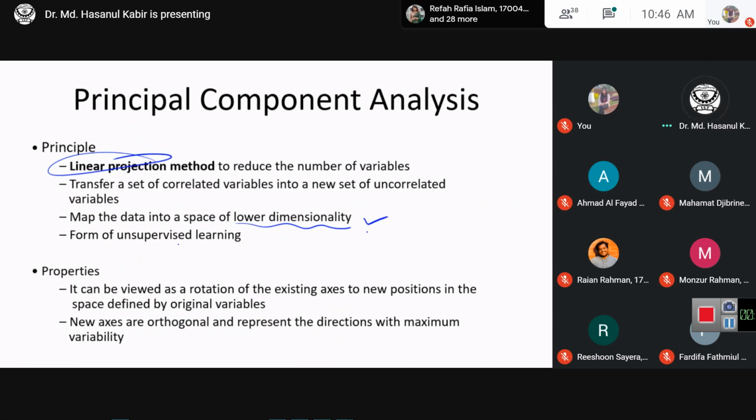Is it supervised or unsupervised? Did I say which sample belongs to which class or something like that? I did not, right? No. So we have got this particular point. And then, did we get a direction where we have the maximum variability?